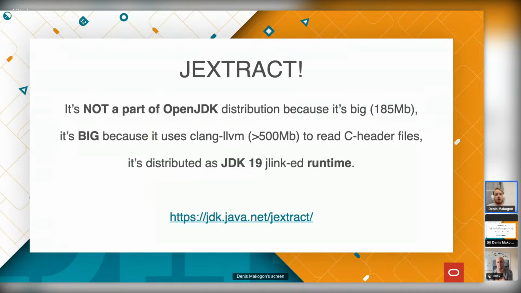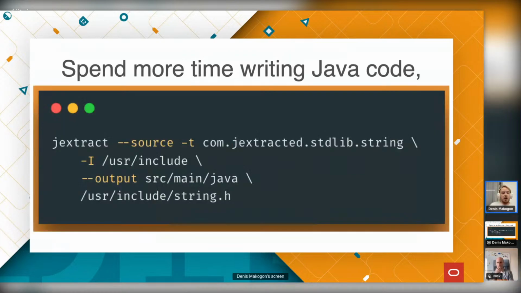And when you compile Jextract or download it from jdk.java.net/jextract, you will see that the archive distribution is nearly 200 megabytes. So just imagine that you have a JDK of a bit more than 300 megabytes, and then you have an additional 200 megabytes of Jextract. That's why Jextract is shipped as a separate tool.